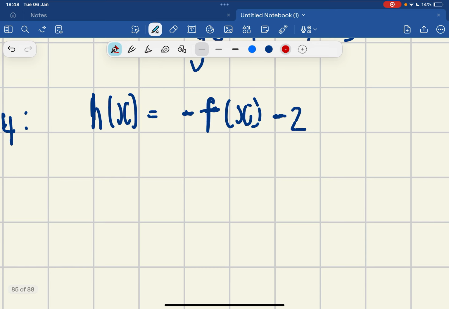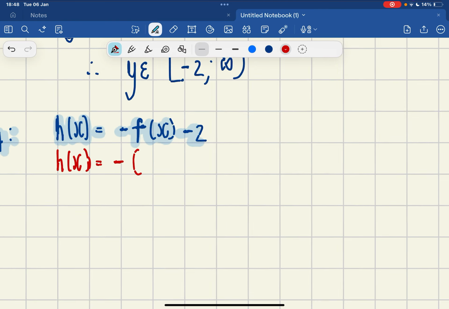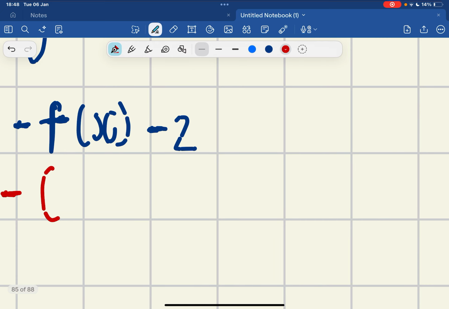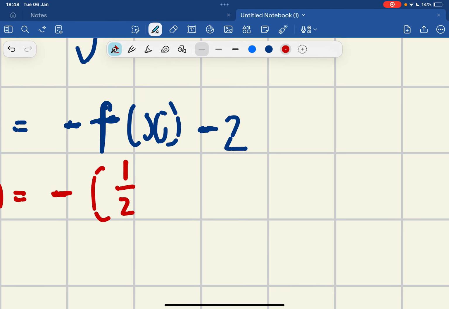So if it's negative, let's quickly write down, h of x is equal to, shouldn't forget the negative. Let's write down our f of x. We wrote our f of x, it's here, it's a half x squared minus 2, so it's negative, a half x squared minus 2, minus 2.